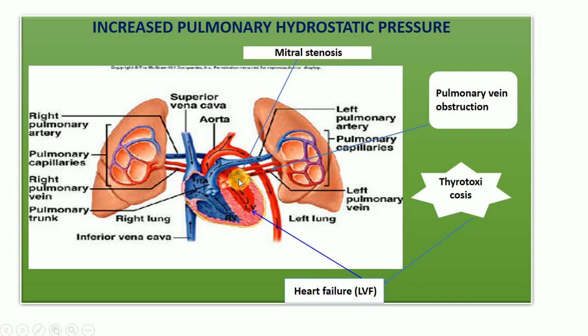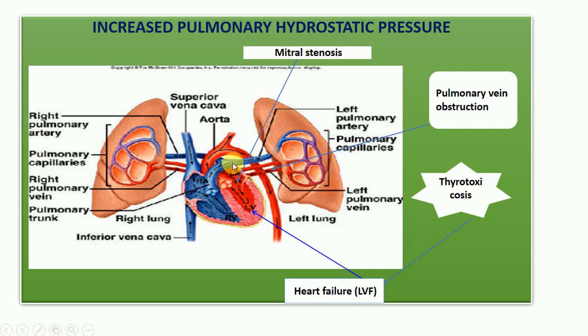So if there is a constriction here, it means the blood will fail to go to the left ventricle to be pumped to the other parts of the body. So the blood will accumulate in the left atrium, and therefore will build pressure that will not permit the blood to come from the pulmonary vein and enter the left ventricle. Therefore there will be accumulation of blood in the pulmonary vein, and therefore in the lung vessels the blood will accumulate.